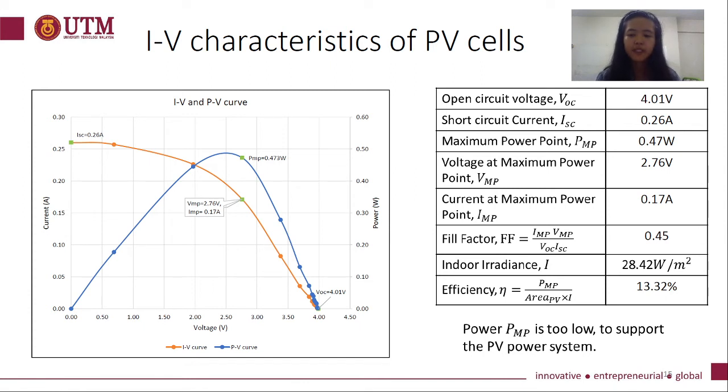As you can see, the efficiency is 13.32%, and the power at the maximum point is 0.473 watt. Therefore, I conclude that the power is too low and would be hard to support the PV powered system.